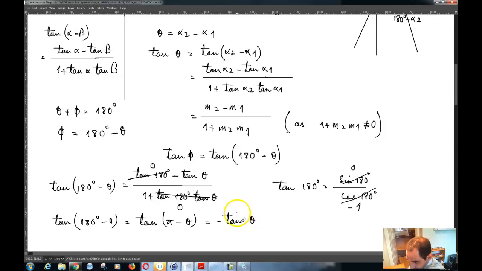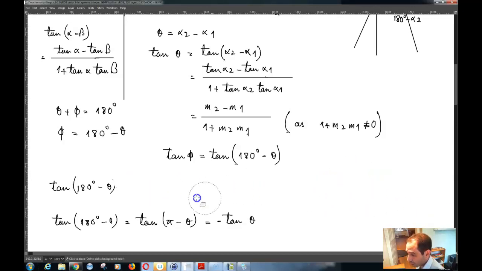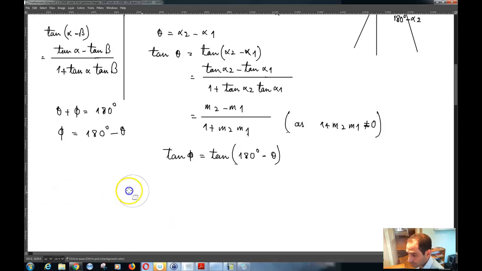Okay. So what that means is that over here, instead of negative tan of 180 degrees minus theta, I can write negative tan theta.